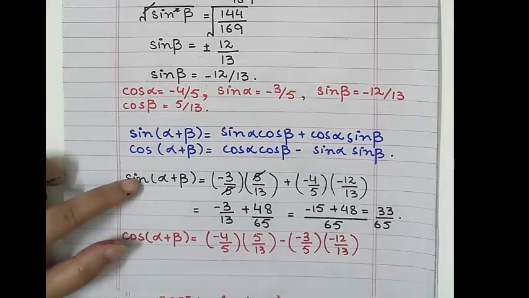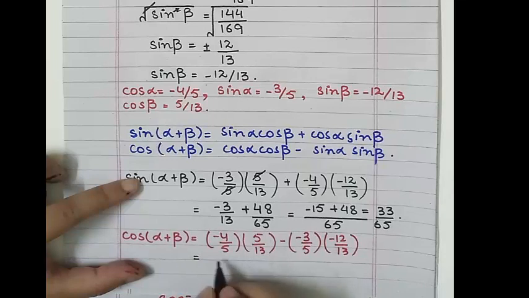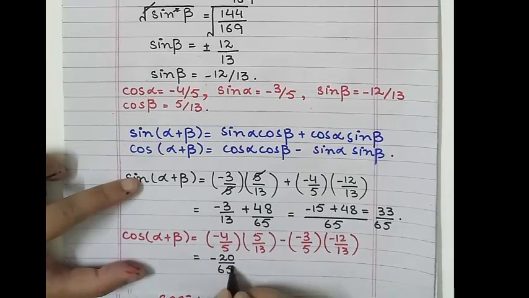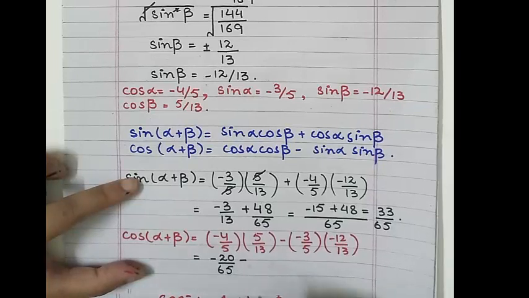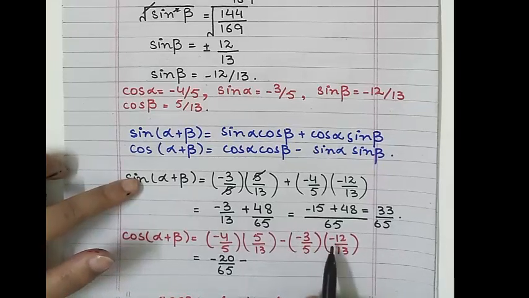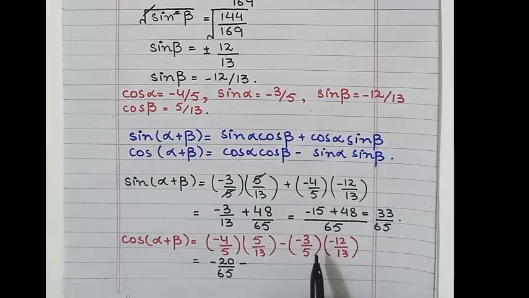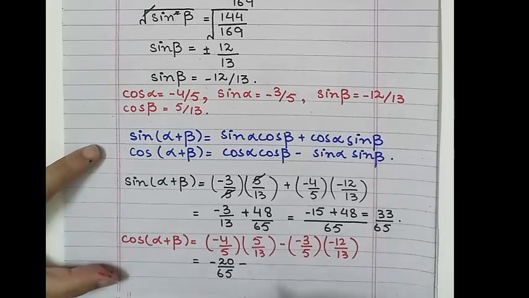So 5 4 times is 20 over 5 13 times is 65. Then we have a minus sign. This minus and minus when multiplied gives a positive sign. 12 3 times is 36 and 5 13 times is 65.